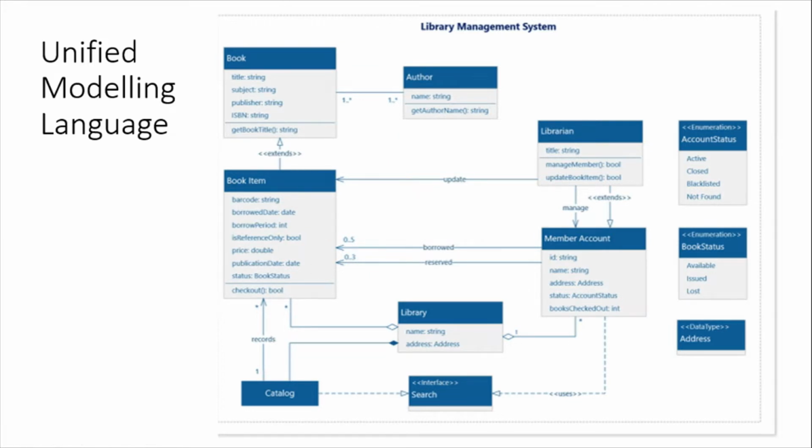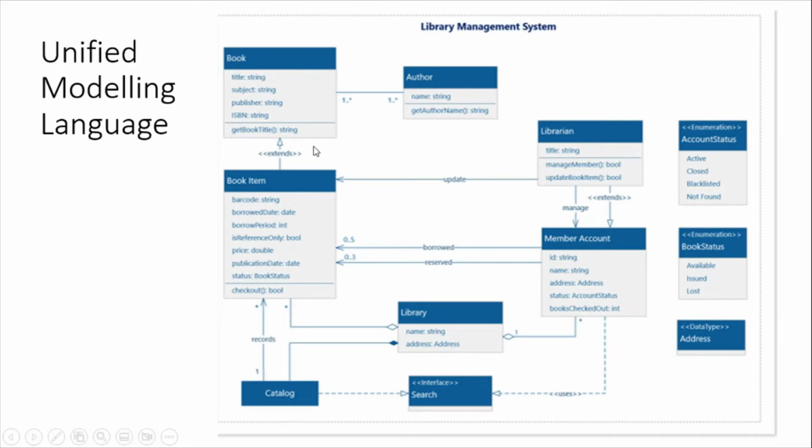All right. So classes are interrelated. Like the book item extends book. Whatever attributes or properties each book item has are also in the book class in here.